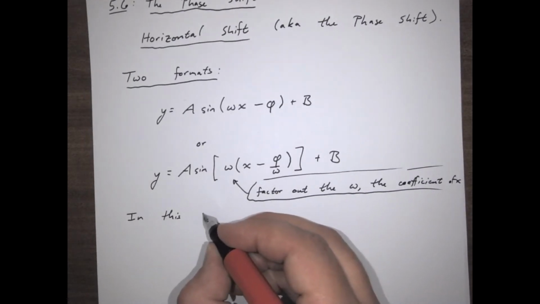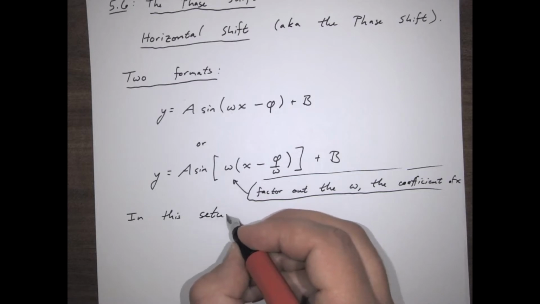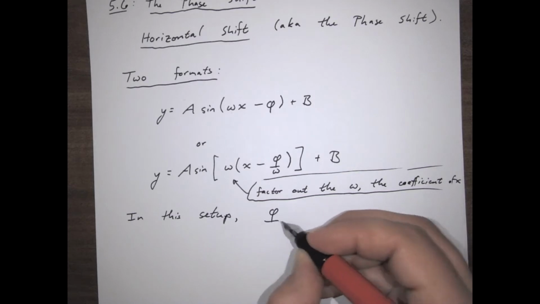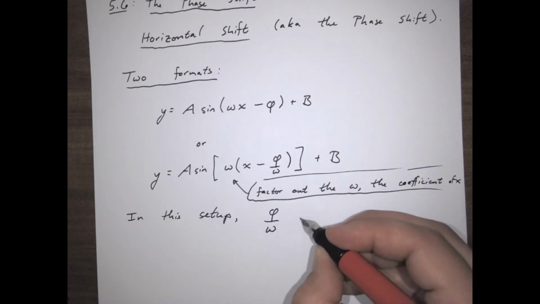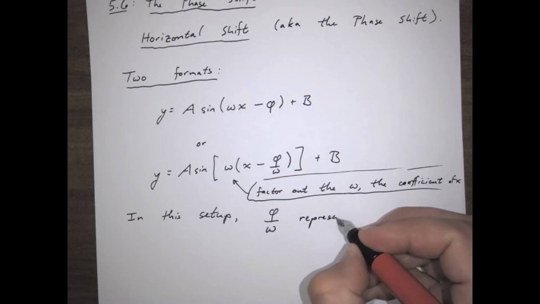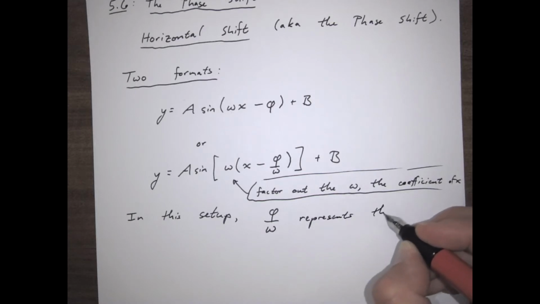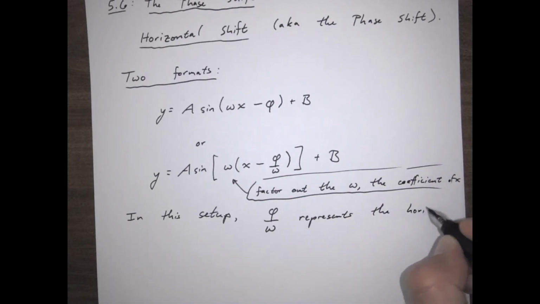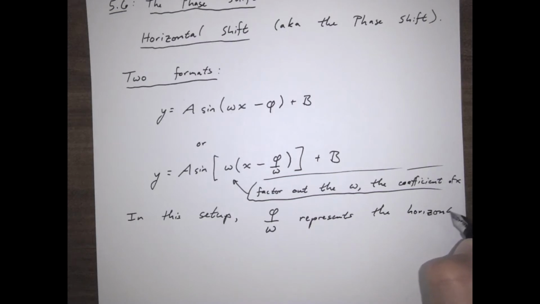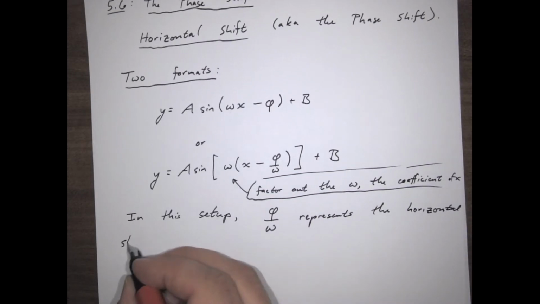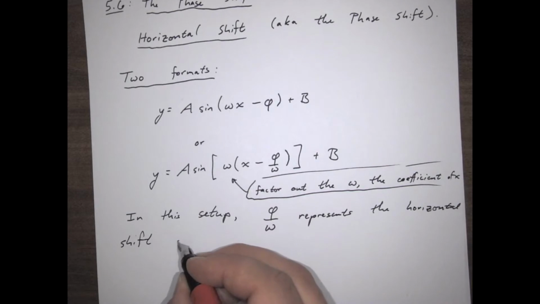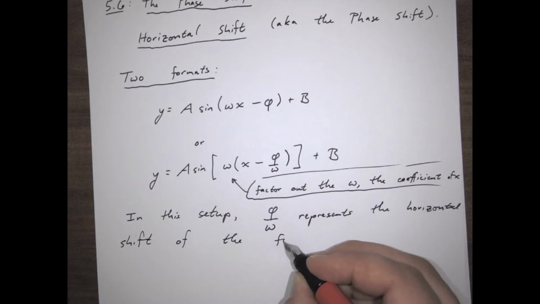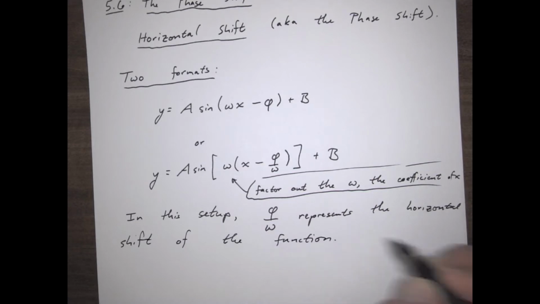So in this setup, phi over omega represents the horizontal shift of the function.